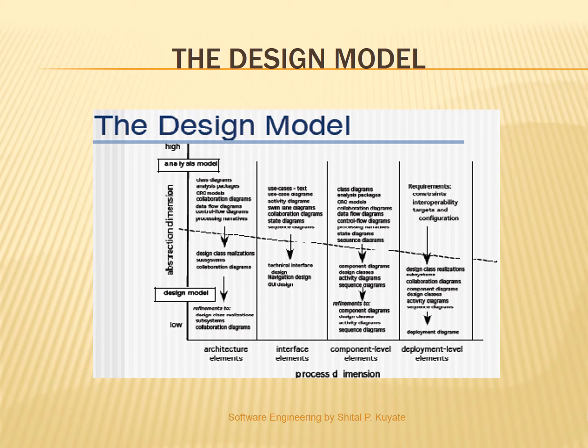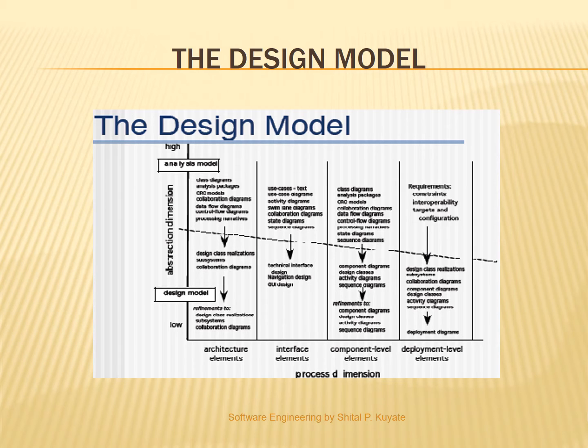Referring to this figure, the dashed line indicates the boundary between the analysis and design models. In some cases, a clear distinction between the analysis and design models is possible. In other cases, the analysis model slowly bends into the design, and a clear distinction is less obvious.